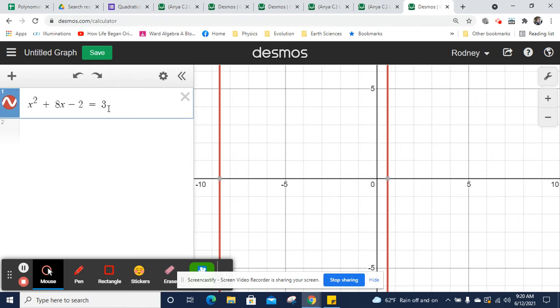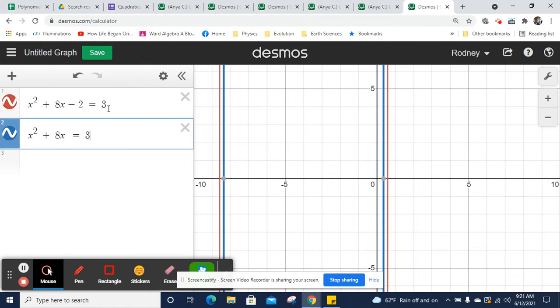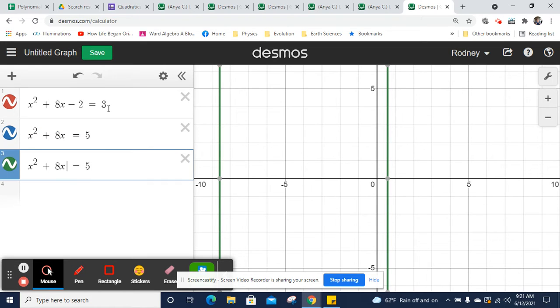So I've got x squared plus 8x minus 2 equals 3, and I'm going to complete the square. So I'm going to add 2 to both sides, so that becomes plus 2, and it becomes 5, okay? And then I'm going to find half of 8 and square it and add that to both sides.